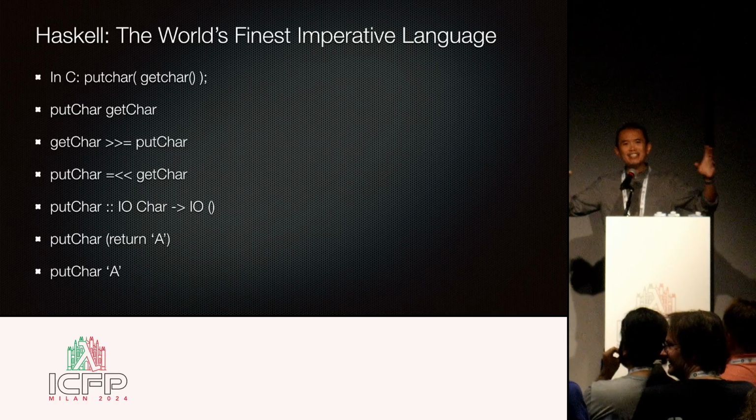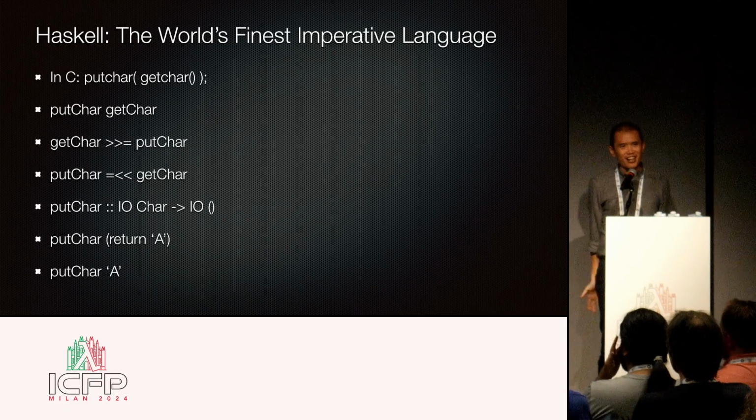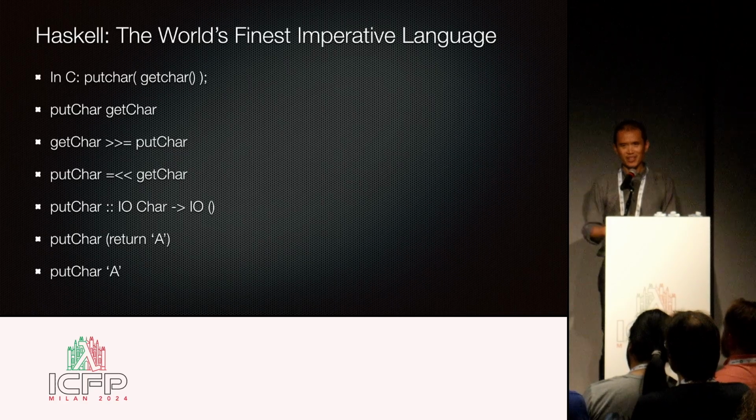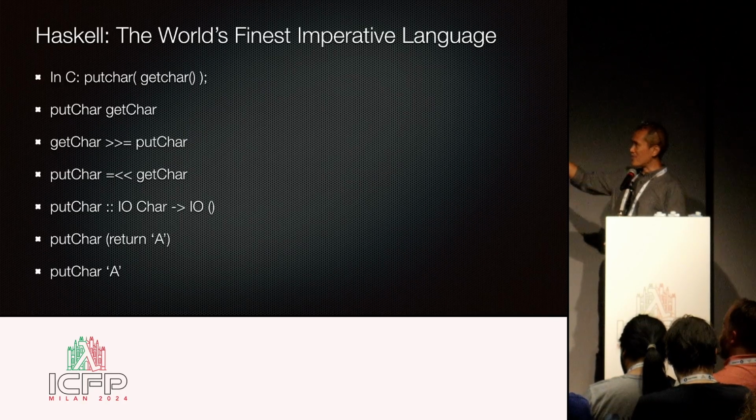But imagine then a world where all our functions are auto-fmapped and auto-lifted, right? And auto-monadic bound. And so putChar really has this type signature of IO Char.